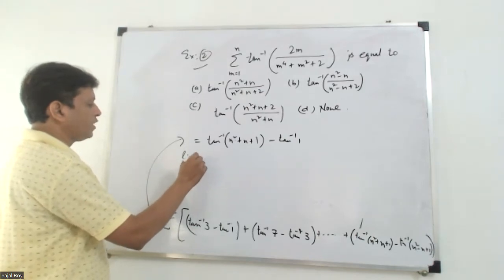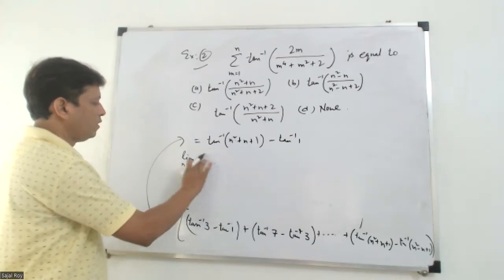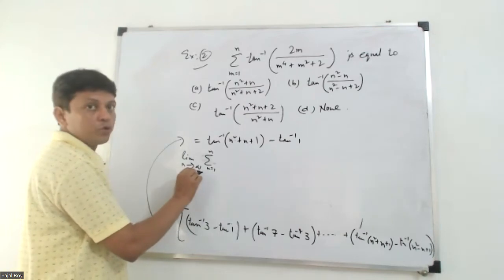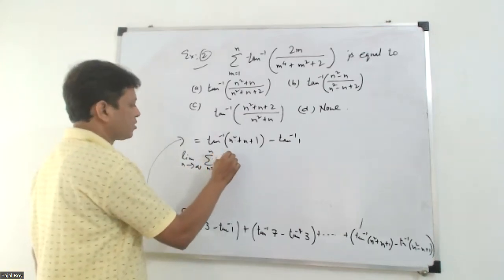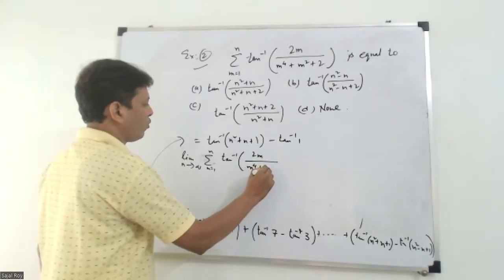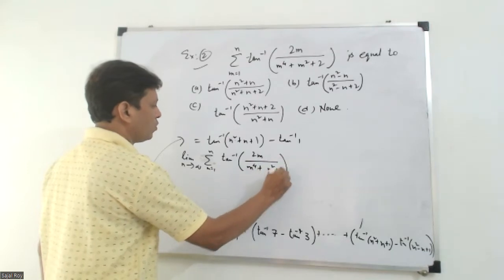Now, if the question is find the limit, what will happen? Limit n tends to infinity of this summation, m equal to 1 to n, tan inverse 2m over m to the power 4 plus m square plus 2. What will happen?